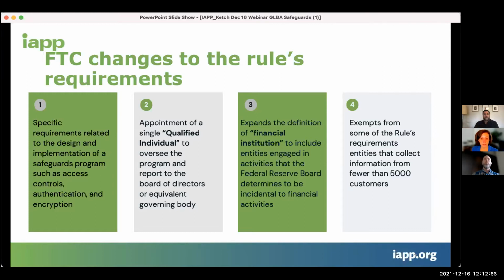But the final rule does require that a financial institution have a person who is qualified responsible for the Safeguards program.